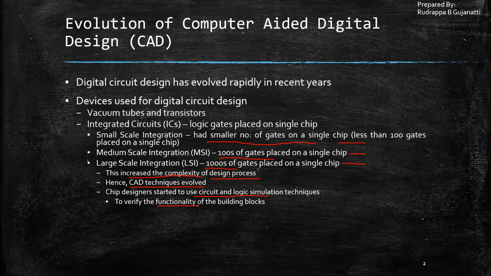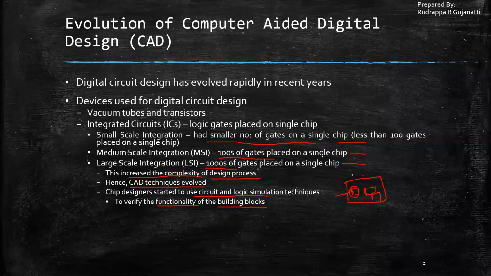It may not be just the building blocks, but the entire thing. If I have one big chunk, I may be building this big chunk with smaller building blocks. So to test the functionality of these smaller building blocks and also the overall functionality, this is where simulation came into existence.